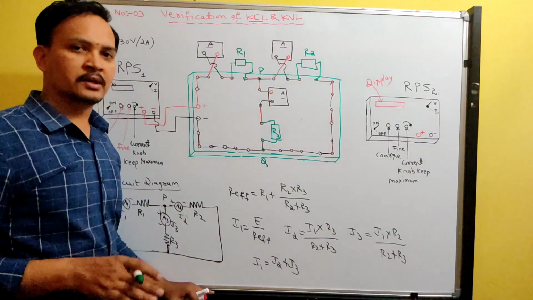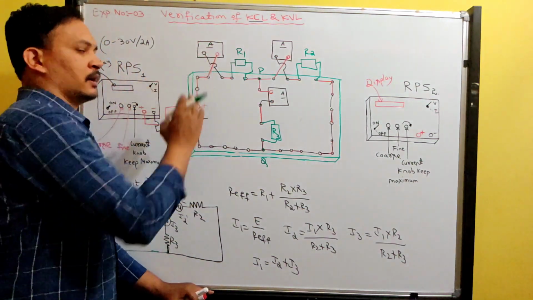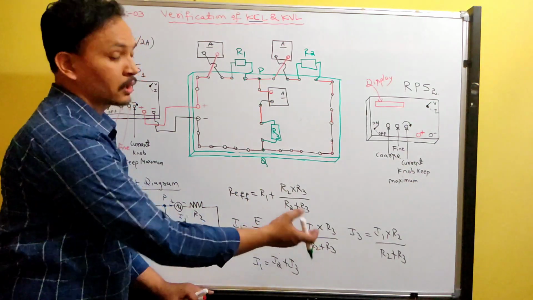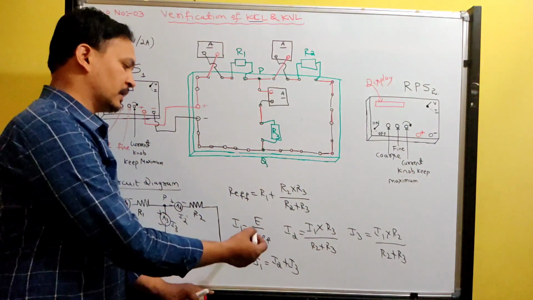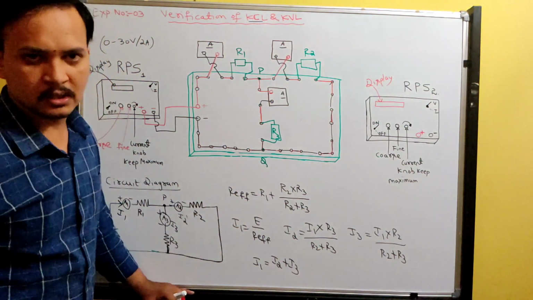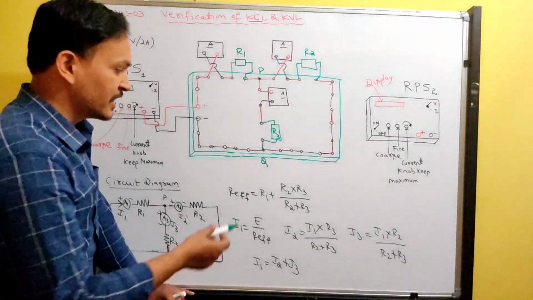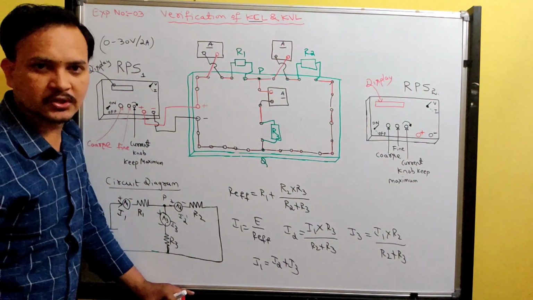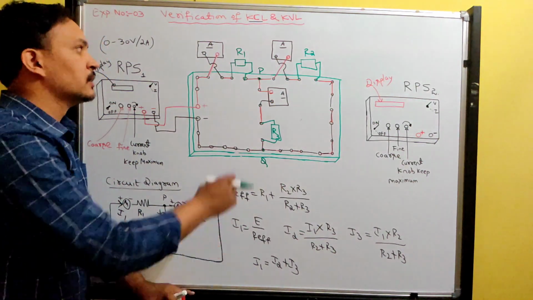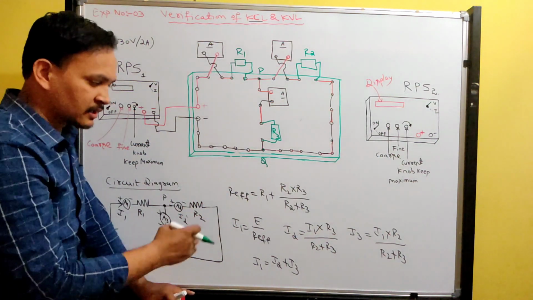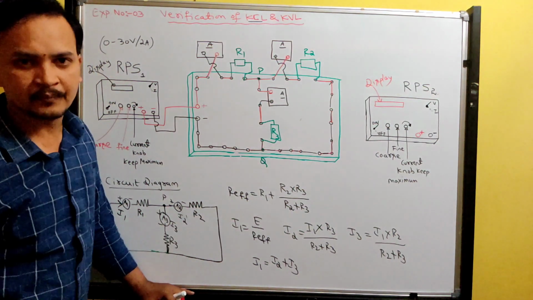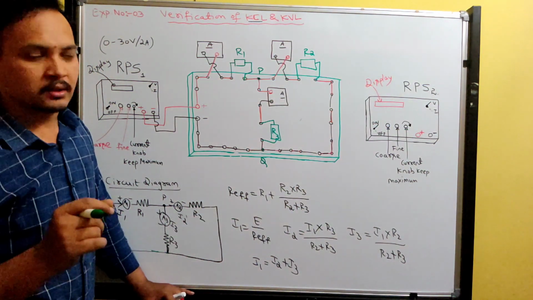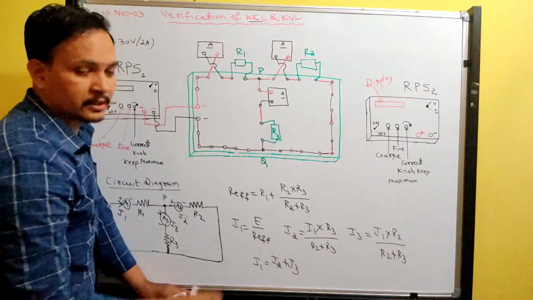Due to that, your practical readings will not match your theoretical readings, because theoretically you have taken the exact resistance value. If the same resistance is connected, both readings will match. But practically, the readings will be slightly lesser than what you calculated theoretically. The reason is tolerances in the resistances.